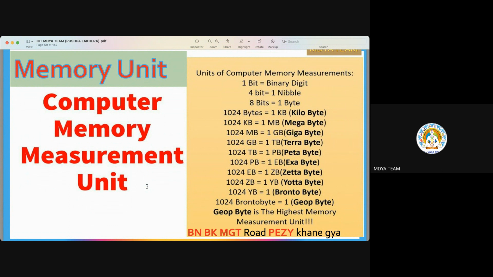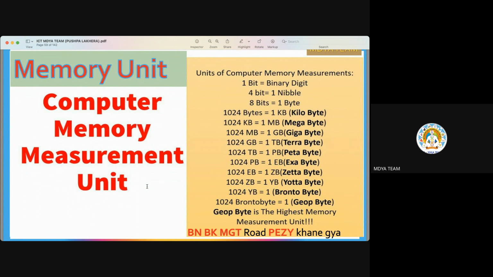And if the instructions are in 8 bits, because if you only give instructions in 0 and 1 it will be very difficult to increase the capacity, so 8 bits is equal to 1 byte. This is the unit for the measurement of storage of a memory.